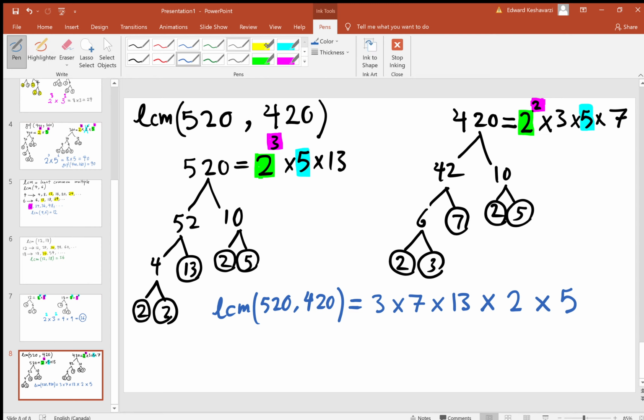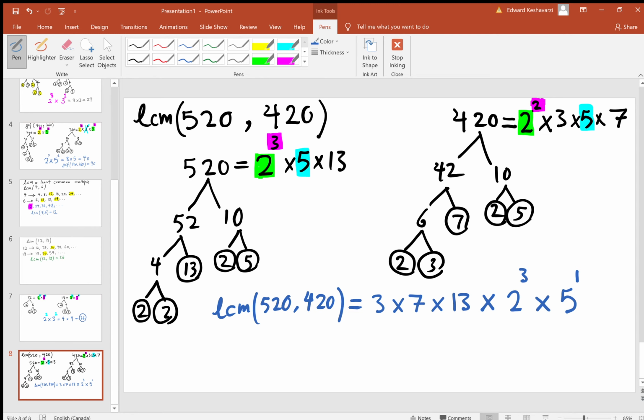Therefore, we'll choose the exponent of 3 here for 2, and then we'll choose the exponent of 1 for 5, because the 5's in both factorizations have the same exponent, 1.